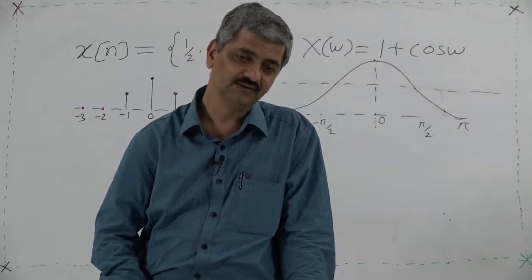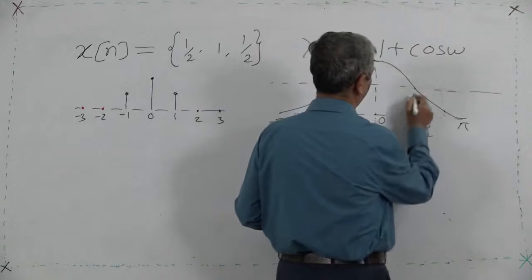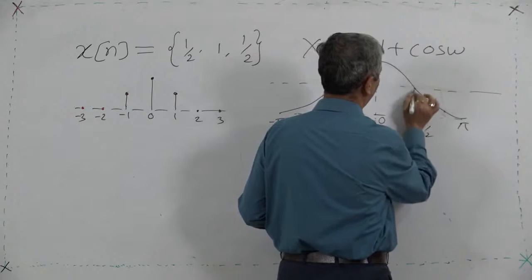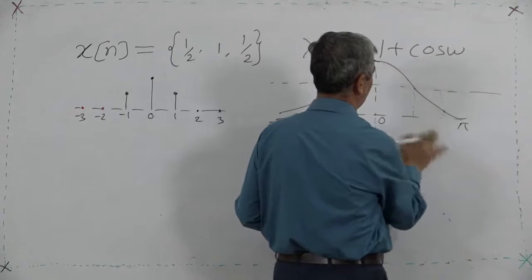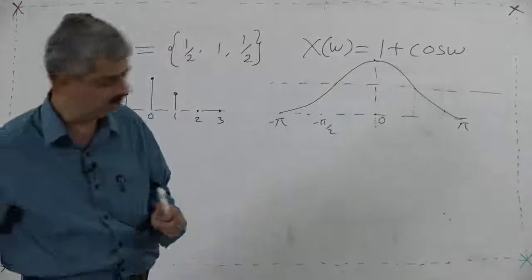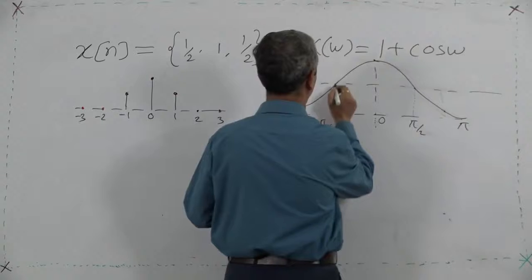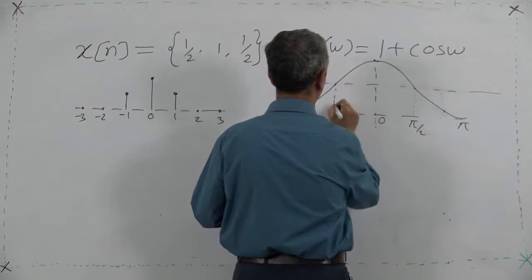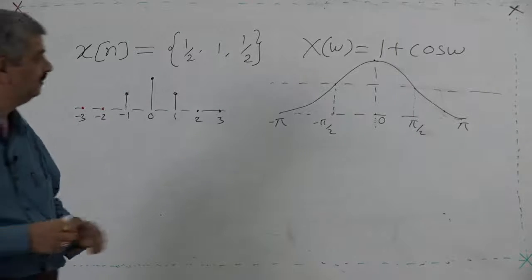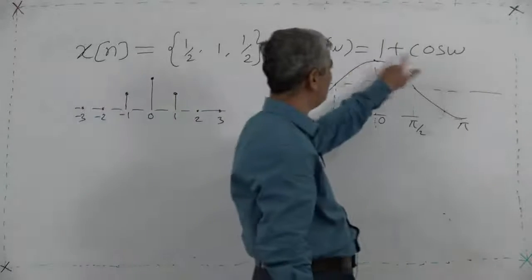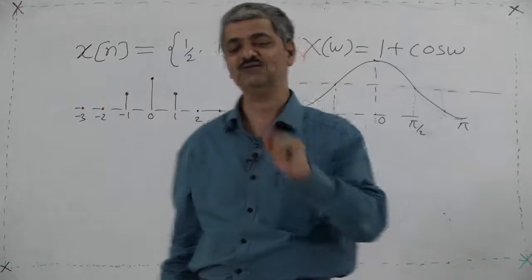For omega equal to pi by 2, or minus pi by 2, the value of X(omega) is 1 plus cos pi by 2, that is 0 added to 1. So X(omega) is 1.